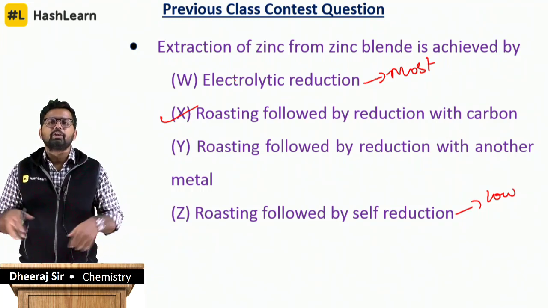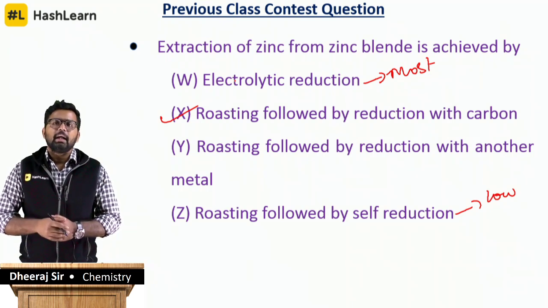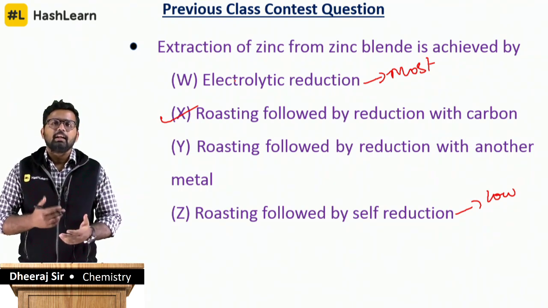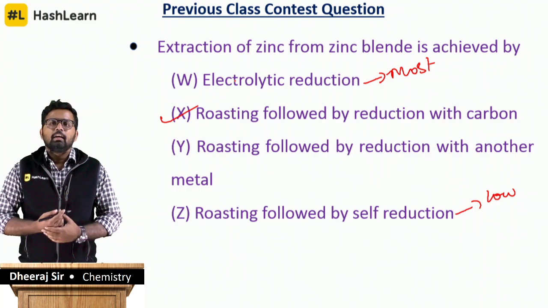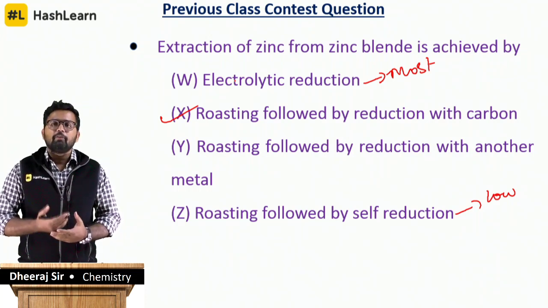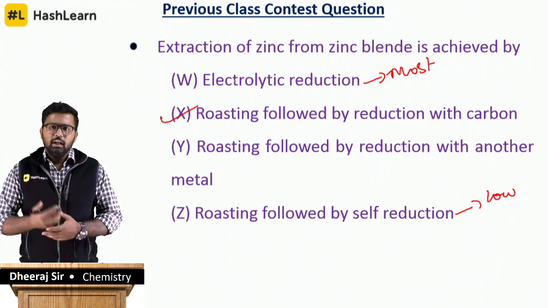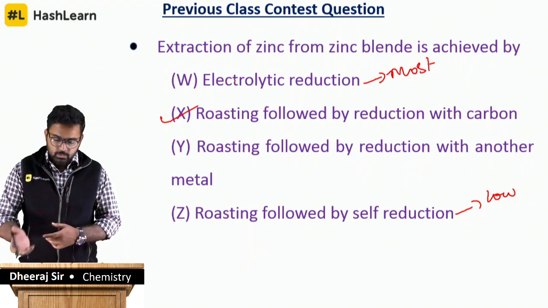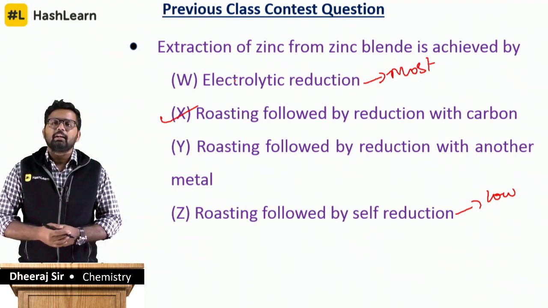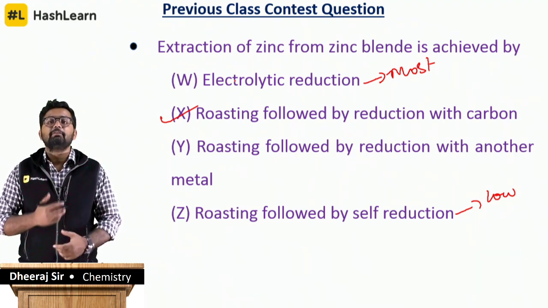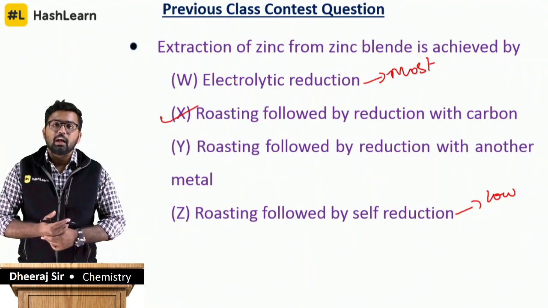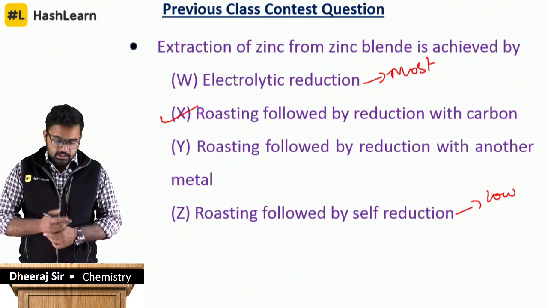If you look at the commercial purpose of mining and metallurgy, it is to extract maximum, I would say, feasibility of a particular reaction. The feasibility can be finance related also. Hence we use carbon instead of another metal, because carbon is less expensive and it is even more efficient when it comes to reducing. So hence the answer is this.